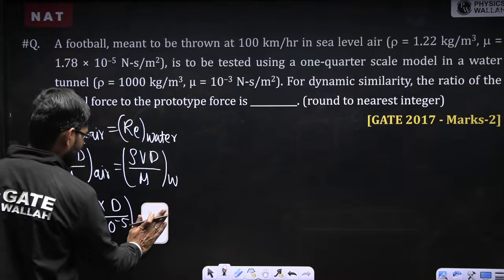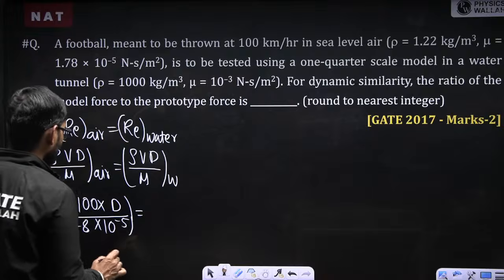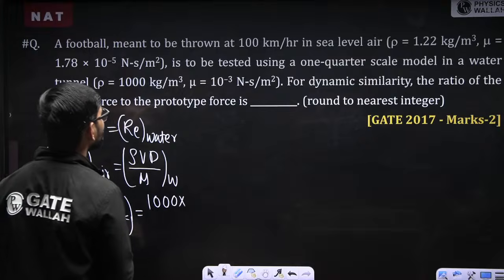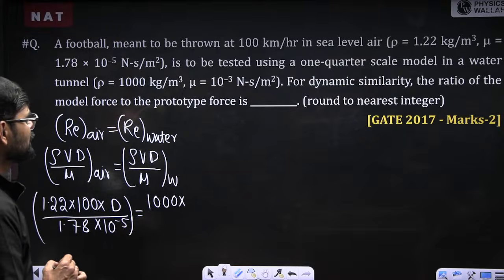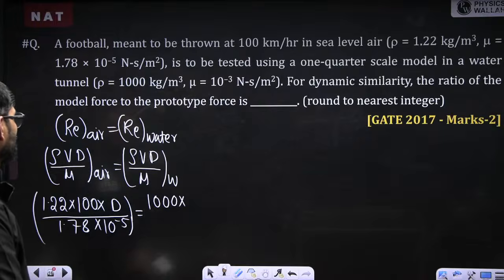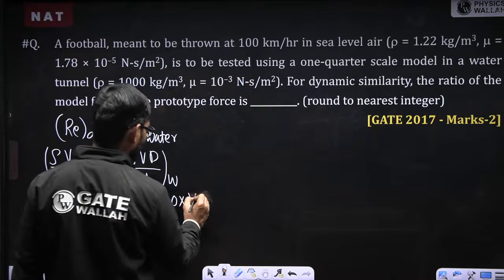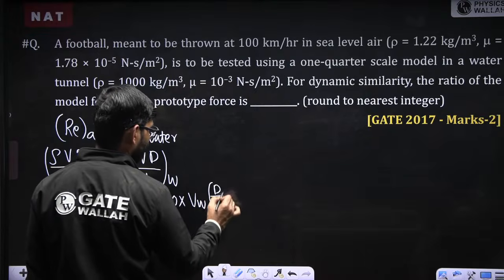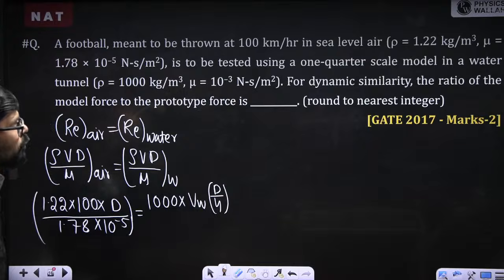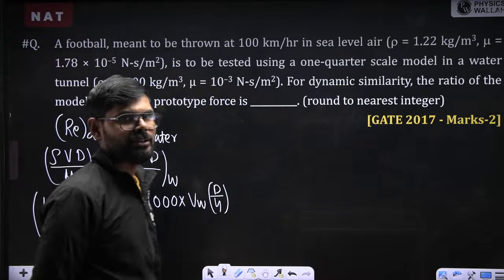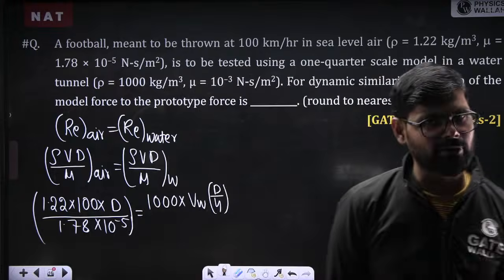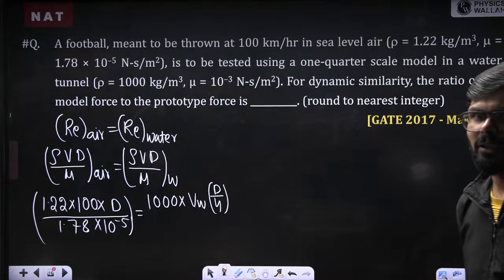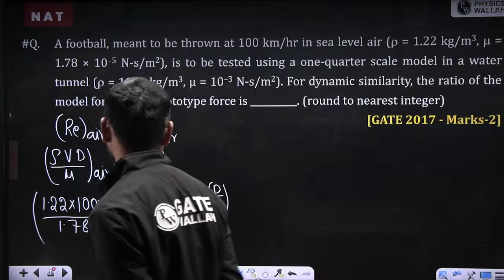That is equal to rho value 1000, V in the water. D is equal to D by 4, 1/4. So 1/4 means you understand what the scale ratio given is, dm by dp value is given, right?